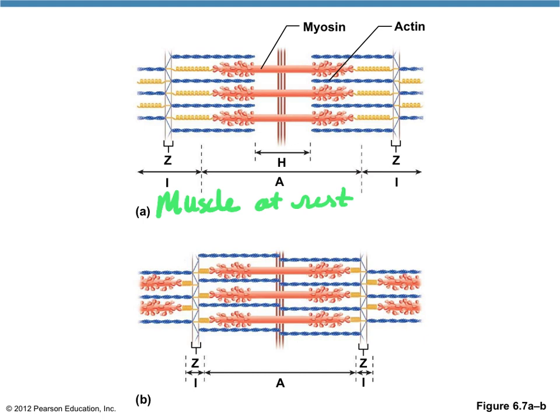When a muscle contracts, as it does in diagram B, you can see that the actin has been pulled towards the bare zone, or the H zone, and has shortened the muscle. And since this occurs at each sarcomere, and there are many sarcomeres the length of the muscle, it causes the entire muscle to get shorter.